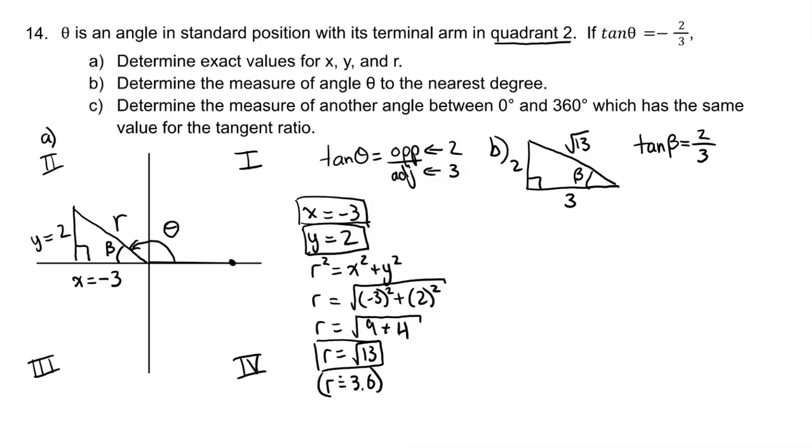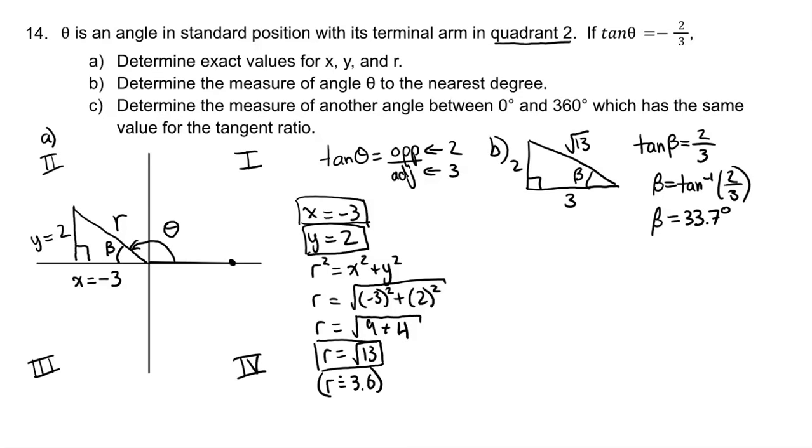To determine the related acute angle, we always take the positive of whatever the ratio is. So beta is tan inverse of 2 over 3, which gives me an angle of 33.7 degrees.